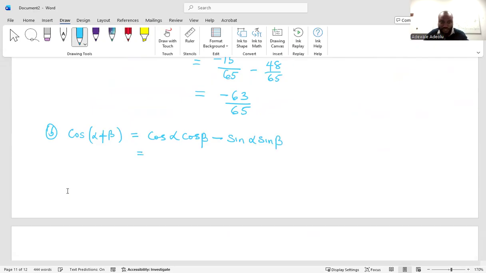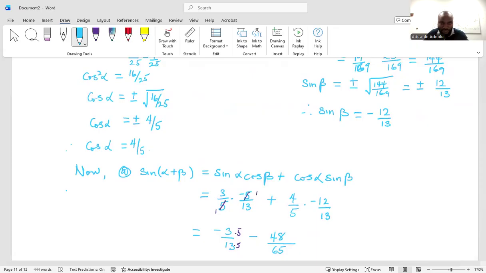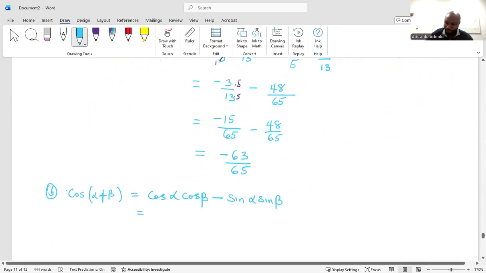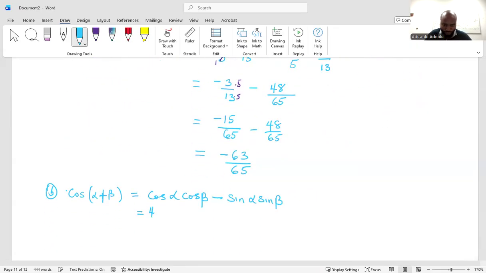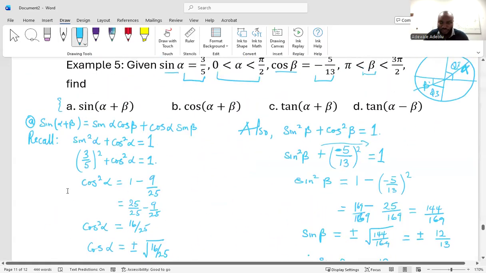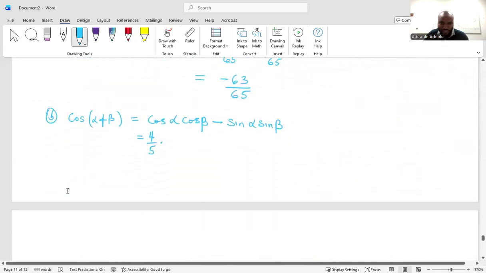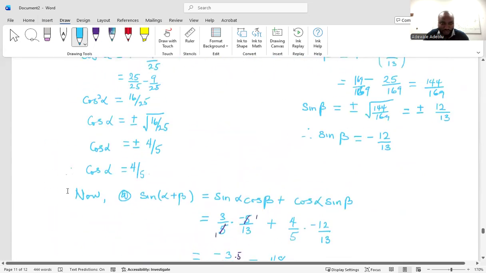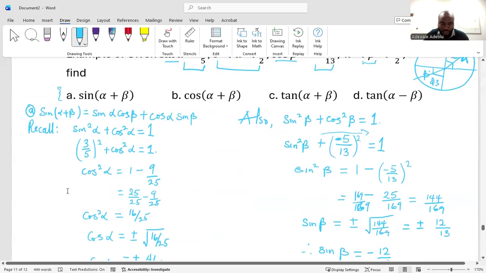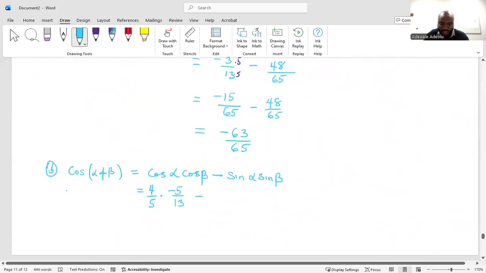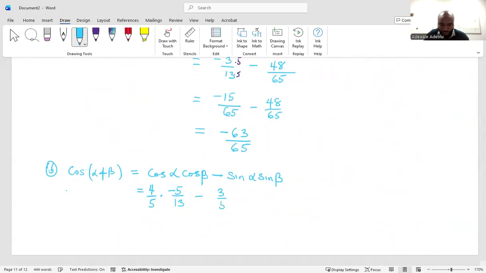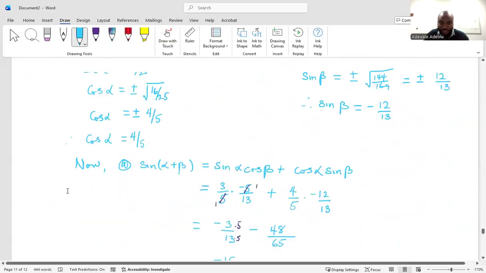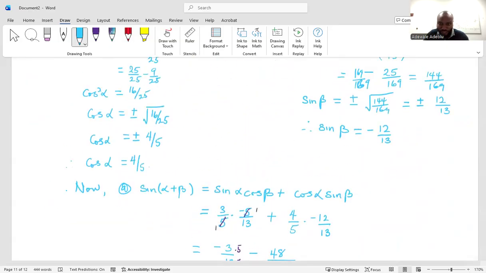So cosine of alpha, let's see, cosine of alpha is 4 over 5 times cosine of beta, we have it given negative 5 over 13 minus sine of alpha. Sine of alpha is 3 over 5 times sine of beta, negative 12 over 13.